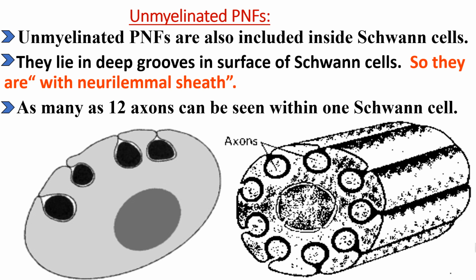The rest of the image shows the longitudinal section of the Schwann cell, and it shows the grooves occupied by the nerve fibers. So the nerve fibers in the peripheral nervous system, whether they are myelinated or unmyelinated, are surrounded by neurilemmal sheath, which is the plasma lemma of the Schwann cell.